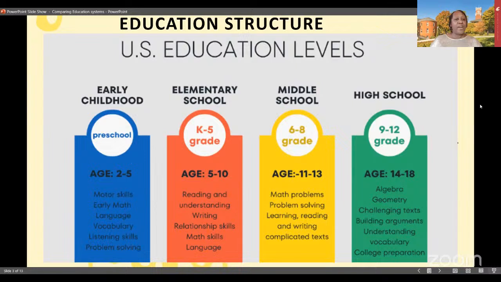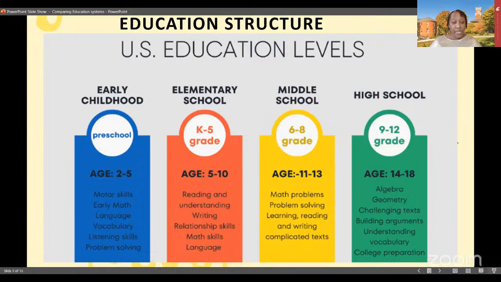Moving on to the US education structure, we have early childhood, elementary, middle school, and high school. Usually early childhood is ages 2 to 5, and that's preschool, and it majorly involves motor skills, early math, language, vocabulary, listening skills, and problem-solving skills.